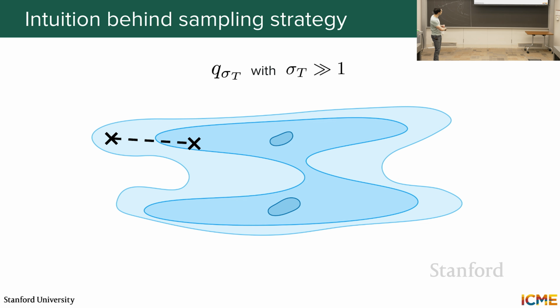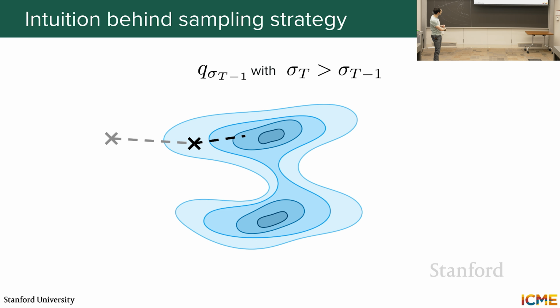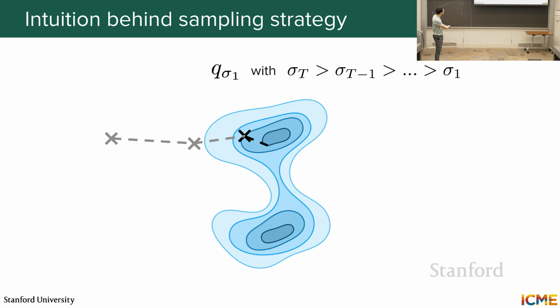And you're going to go step by step by relying on scores from distributions that are less and less noised, until coming to your last point, which is something that hopefully will be very, very close to the P data distribution, which is going to be a noised data distribution with a very low sigma. OK, so does that make sense? OK, cool.